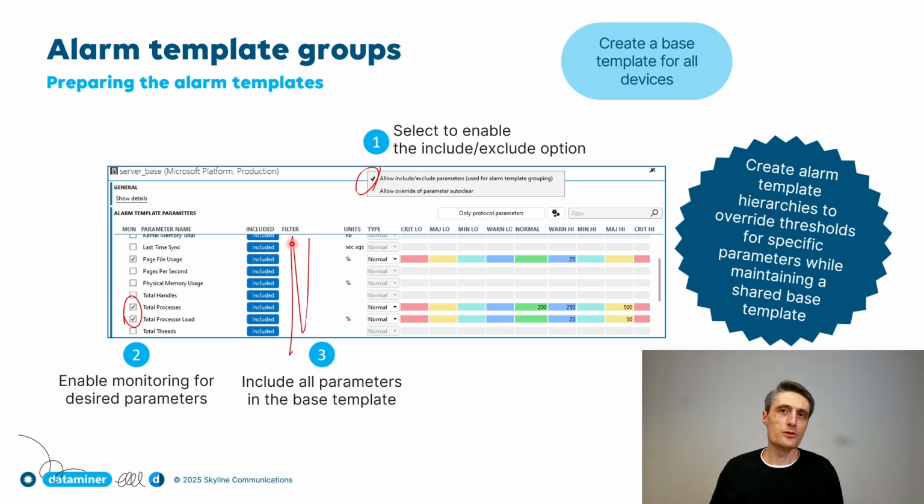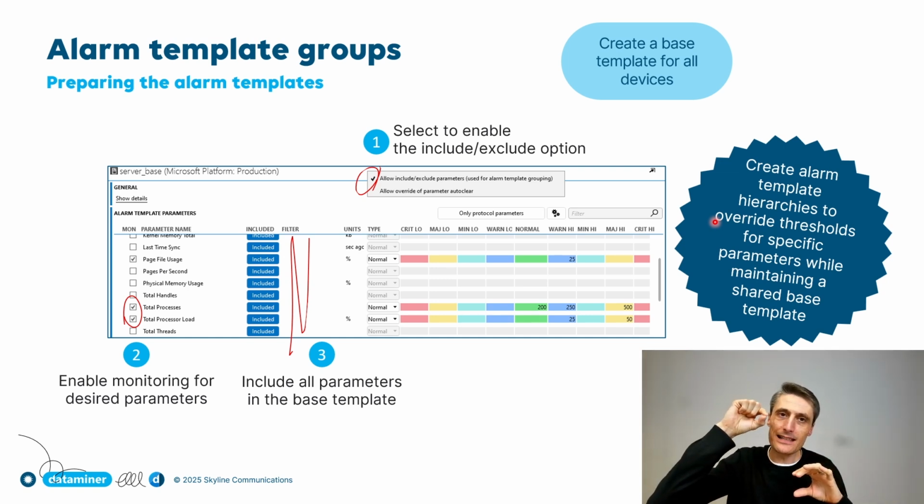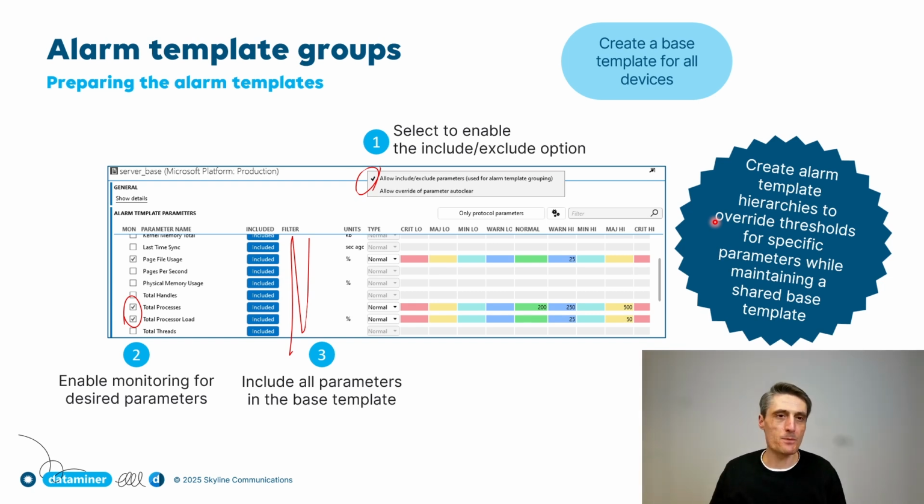Therefore, a base can come in handy, where the base remains and I add an overlay on top of that with only one single parameter in there which is different, or a couple of them. So that's the purpose of creating groups.